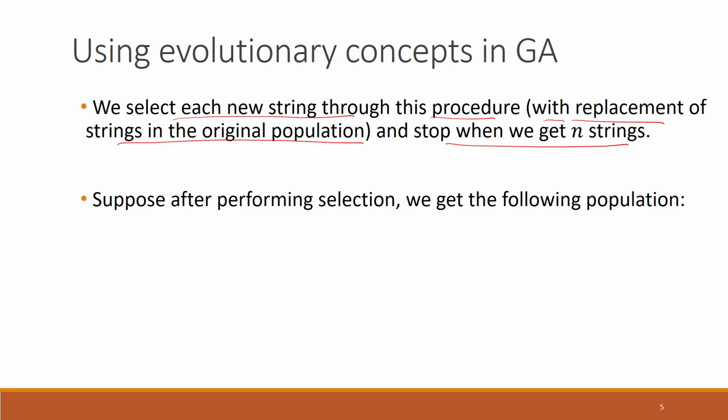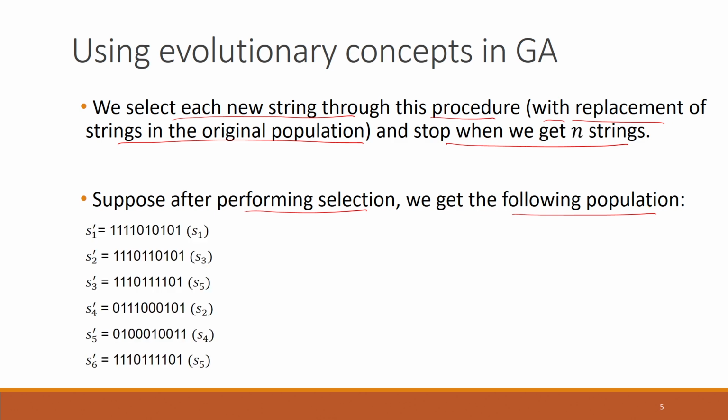Suppose after doing this procedure, which is called selection, we get the following population. We again have a population of 6 strings: S1, S3, S5, S2, S4 and S5.